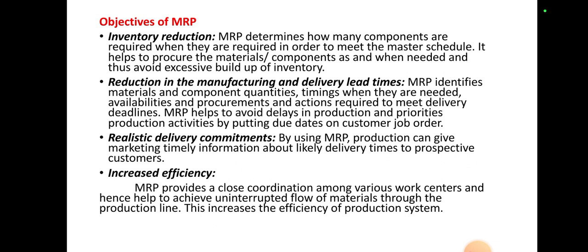MRP helps to avoid delays in production and prioritizes production activities by putting due dates on customer job orders. Then, realistic delivery commitments. By using MRP, production can give marketing timely information about likely delivery times to prospective customers.